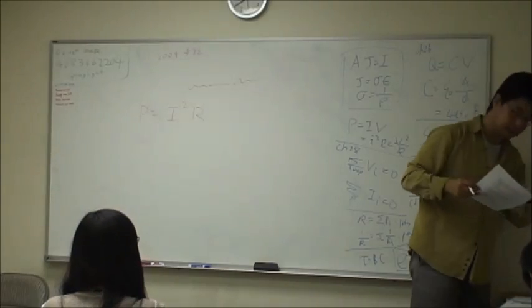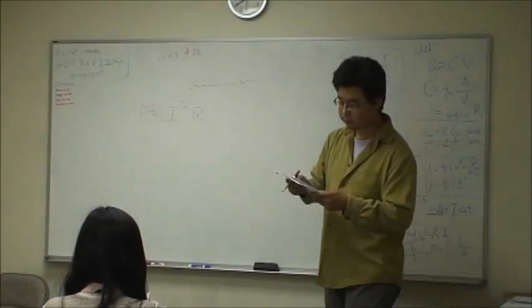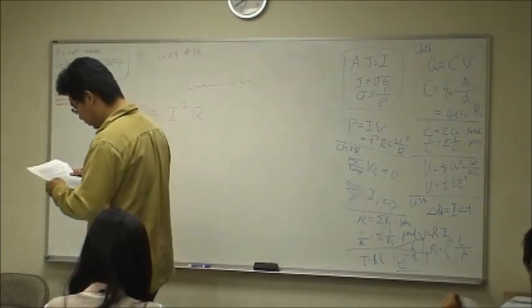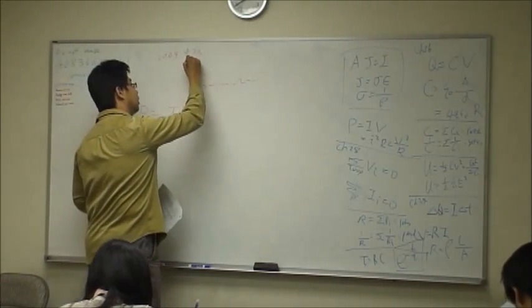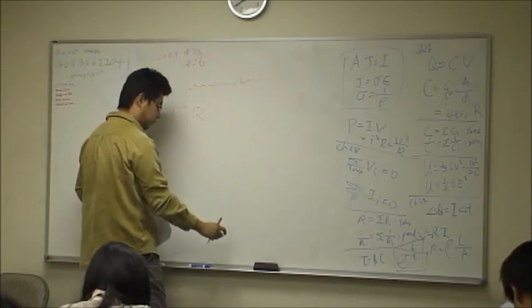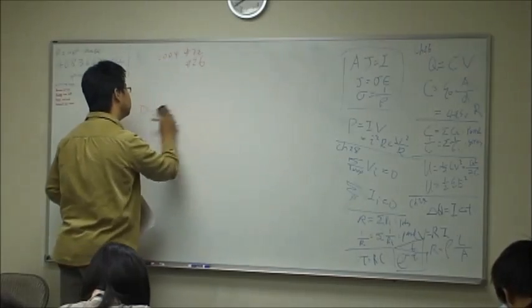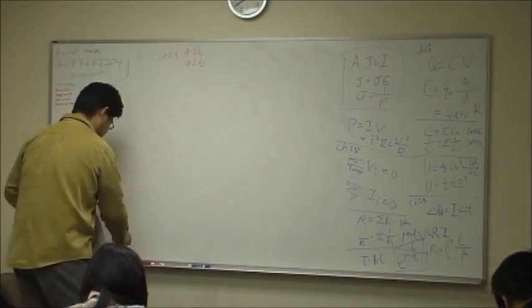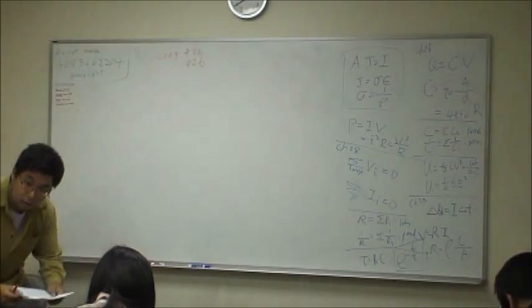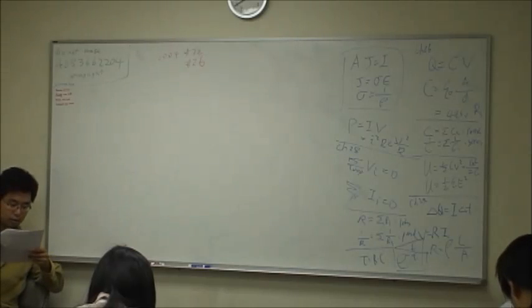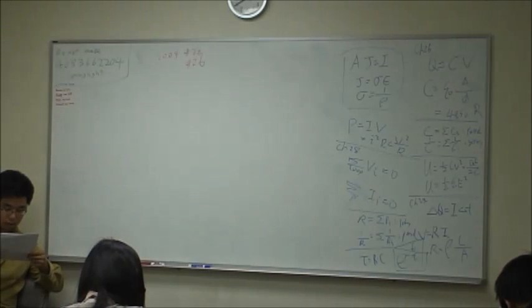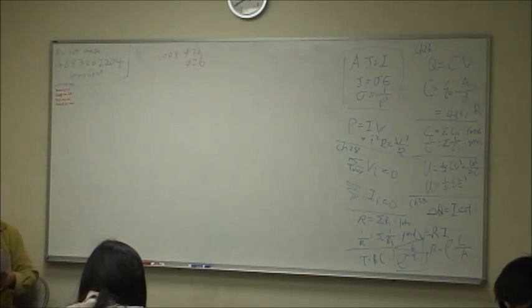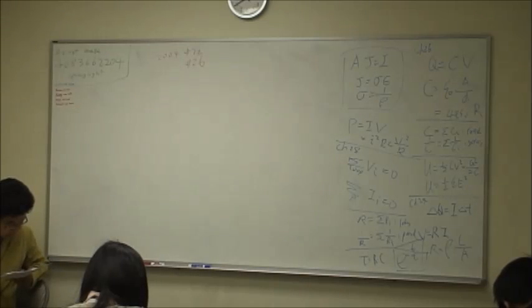Number 26. Okay. Good job. Which resistor has greatest current go through it?